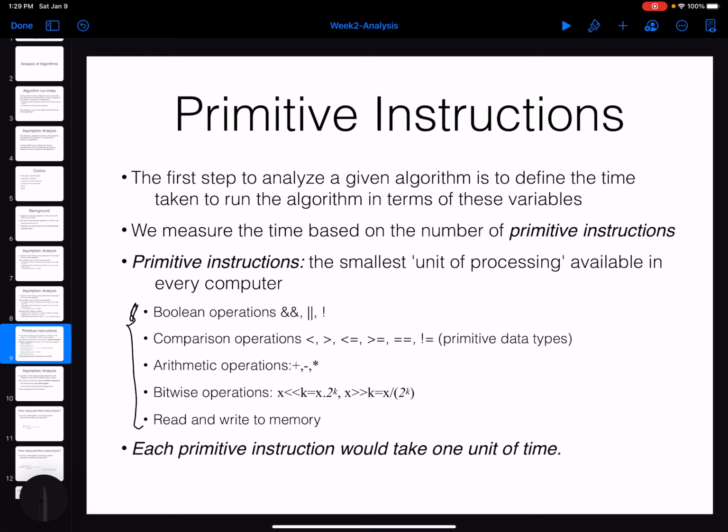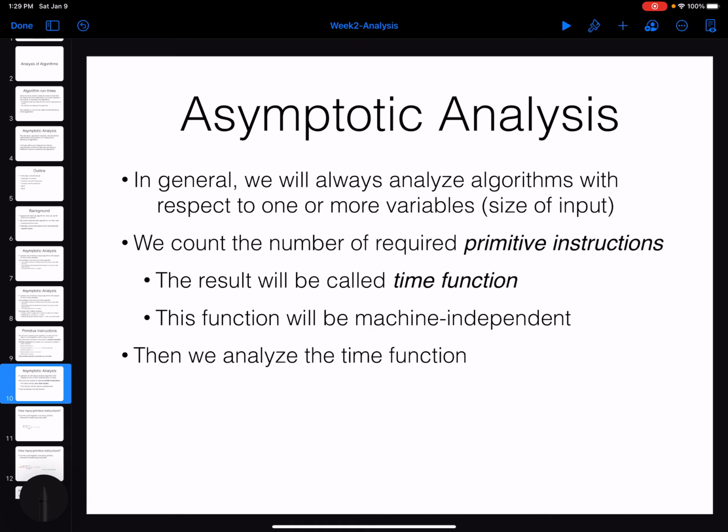I just wanted to know how many simple instructions, how many primitive instructions your algorithm would need to be executed. And remember, we just talked about how we analyze algorithms based on the input size.